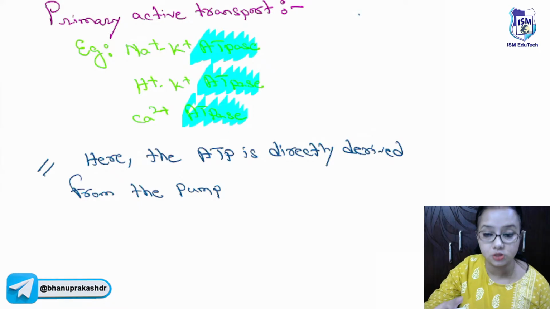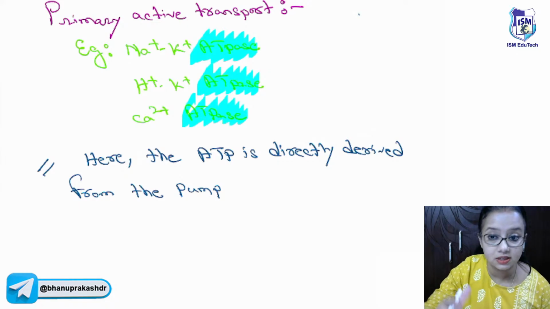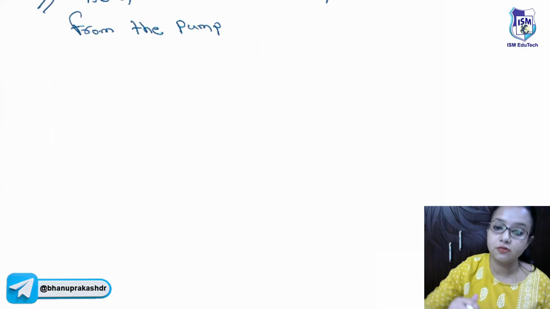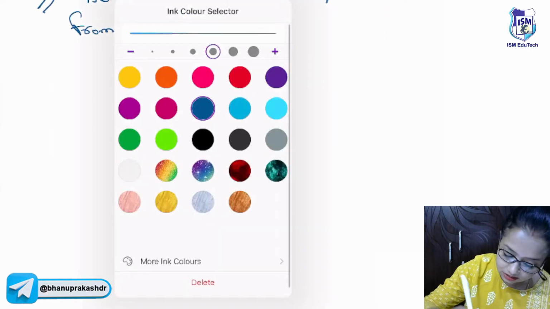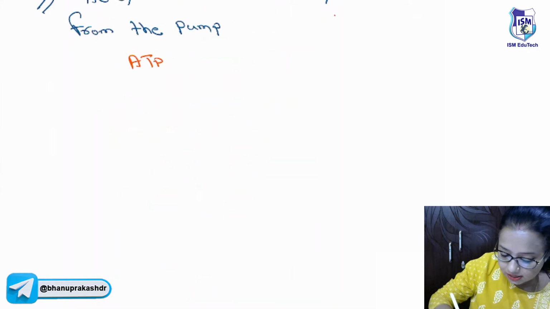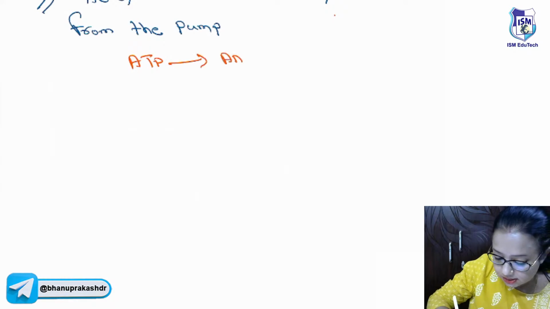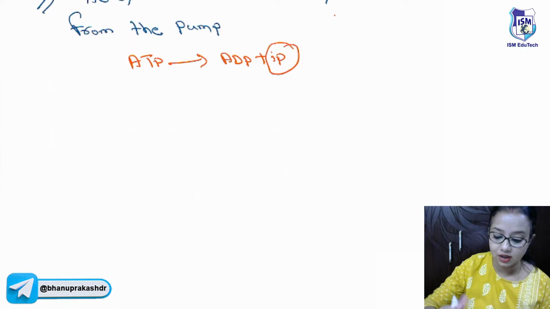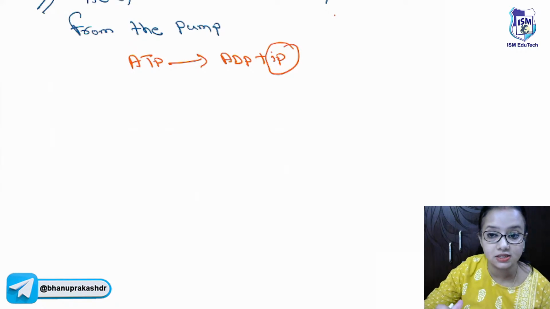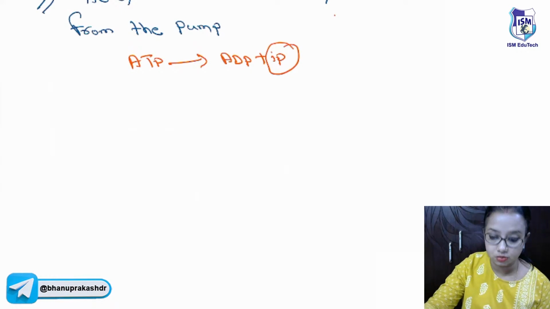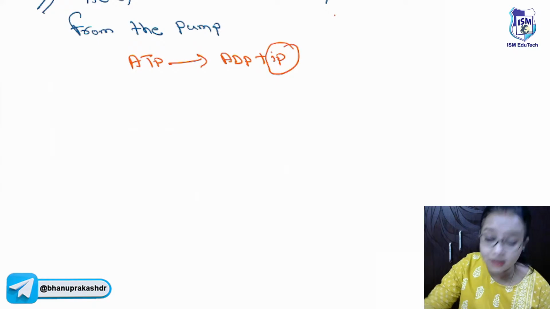And the function of an enzyme is to cleave something, break something, digest something. So here the ATP is directly derived from the pump. Meaning, this attached pump will break the ATP into ADP plus Pi, which is the energy provider. This Pi will ultimately change the configuration and give energy to the pump to carry out the transport. This is the energy part of it.